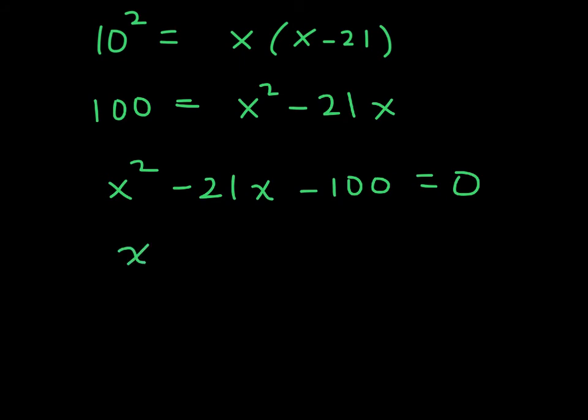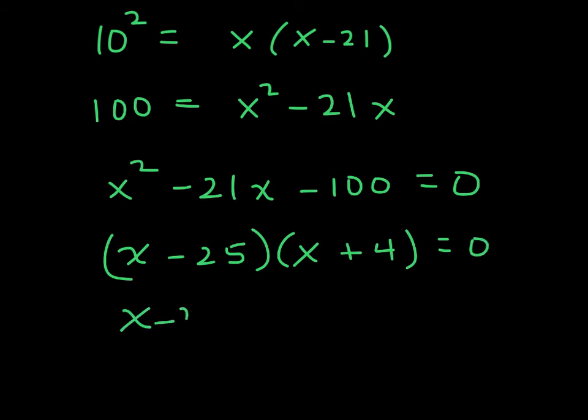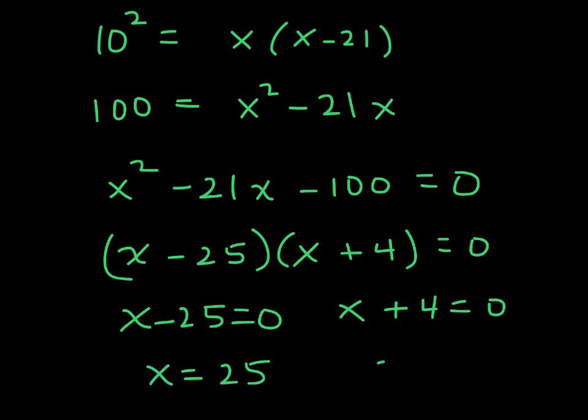I'm going to try to factor this. It will factor as x minus 25 times x plus 4. I will set each factor equal to 0 and solve. So I'm getting two proposed solutions, either positive 25 or negative 4.